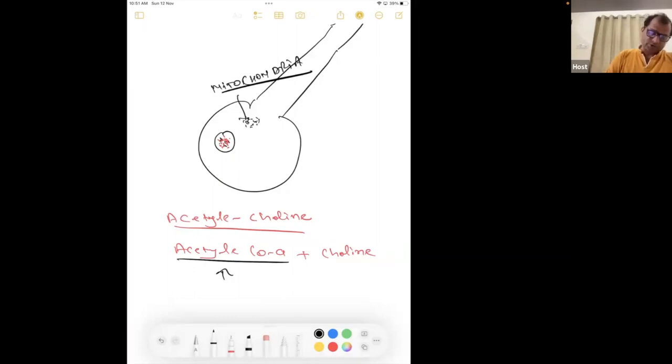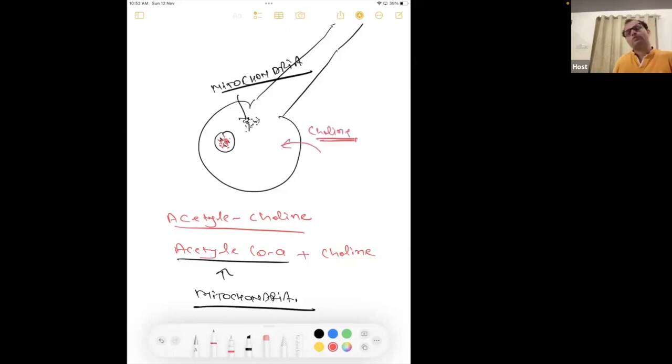So mitochondria produces this acetyl CoA, and choline comes from outside. Then acetyl CoA and choline get fused together and make acetylcholine.